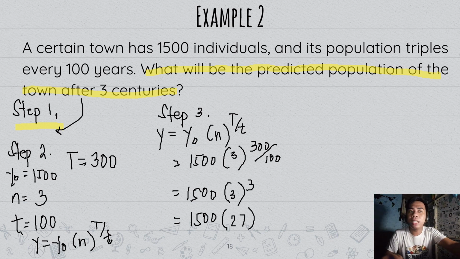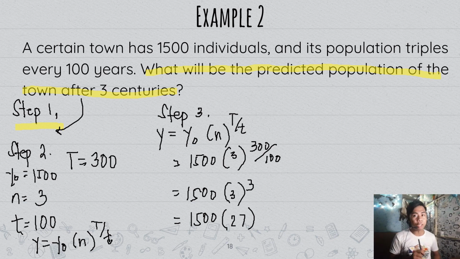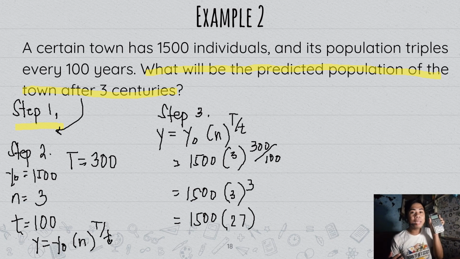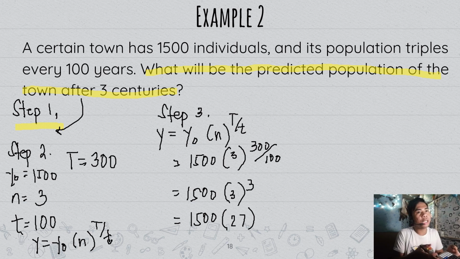Why? 3 times 3 times 3. If you have difficulty doing it mentally, you may use a calculator, as long as you know the concept of doing the problem. Okay? So we have here 1,500 times 27.